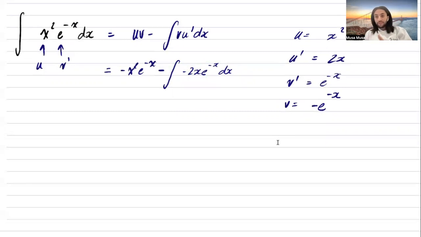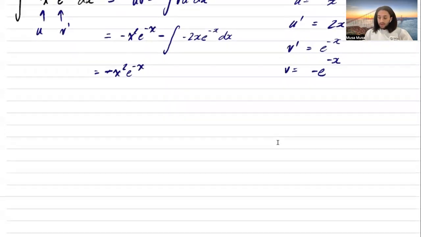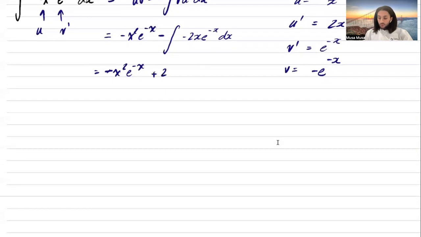So it seems like you have to repeat integration by parts again for this thing. So I'll just write this in the next line as minus x squared e to the minus x, and then plus 2 the integral of x e to the minus x dx.